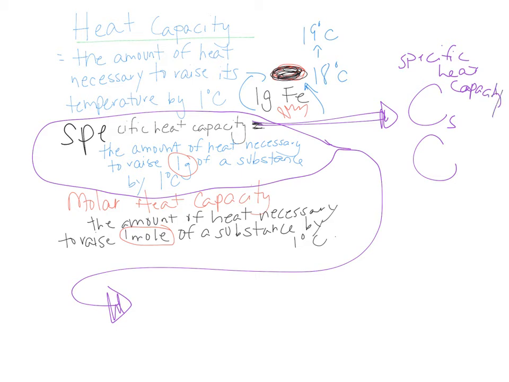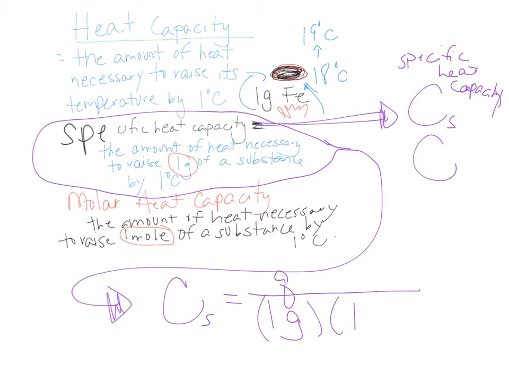That word is capacity. And if we're going to write mathematically what we just wrote here in words: big C, specific heat capacity, little s, equals the amount of heat, so I'm going to put a Q, Q is for heat, required to raise 1 gram of a substance by 1 degree Celsius.